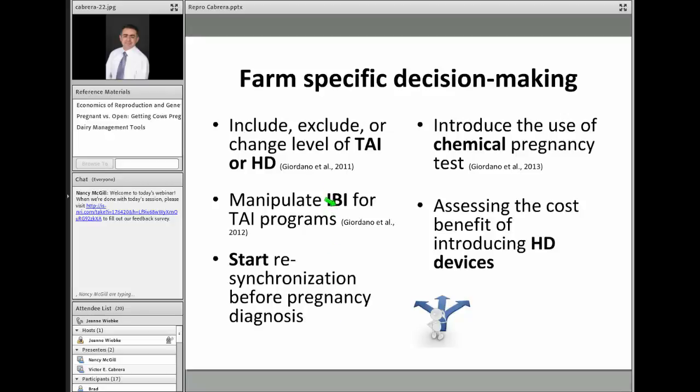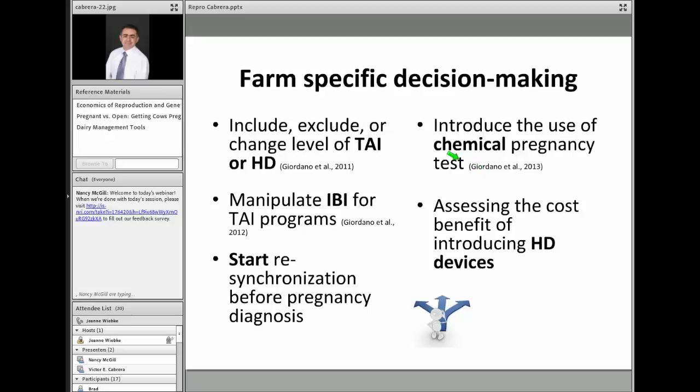We recently also published a paper, this is February of this year, in analyzing the chemical pregnancy test, blood test to actually detect pregnant cows, how much value that would have on a commercial dairy farm.